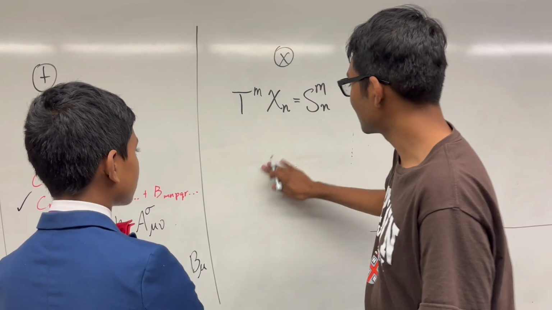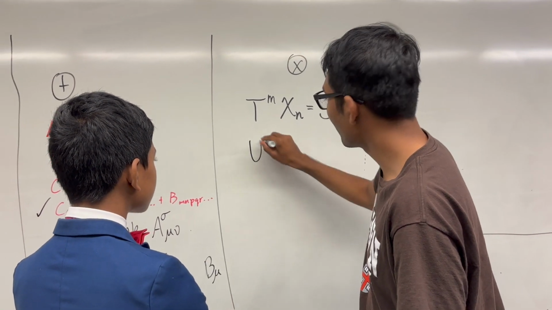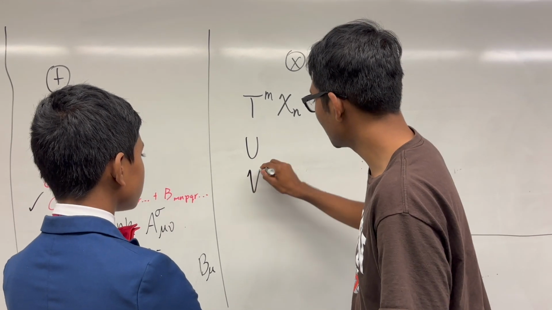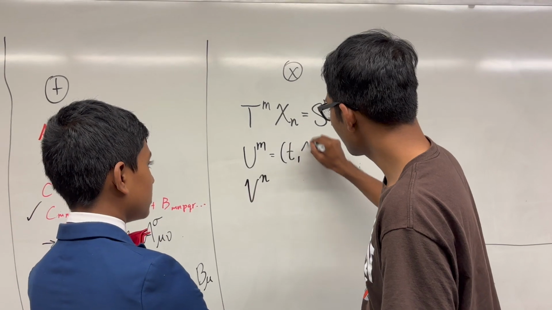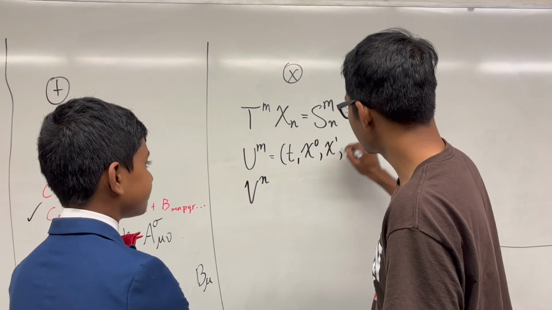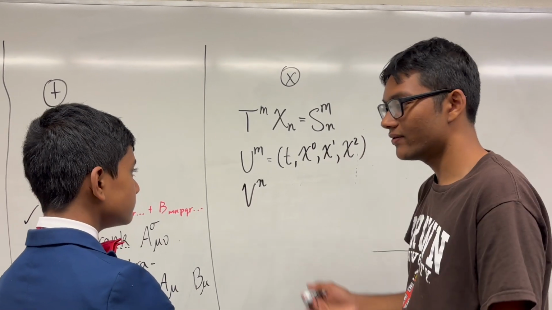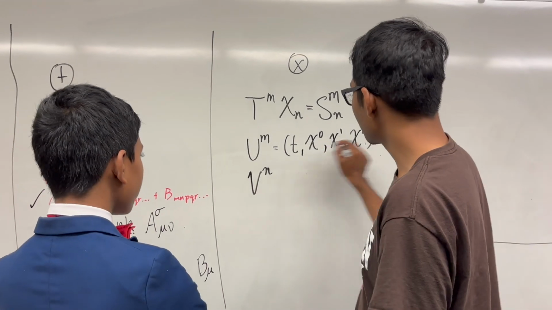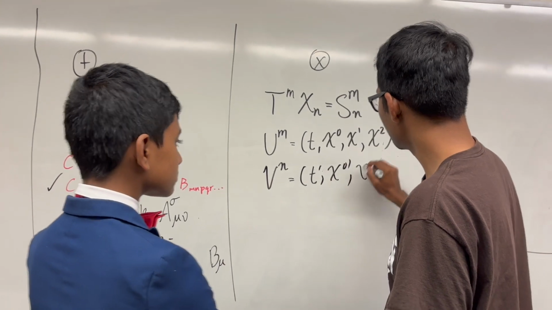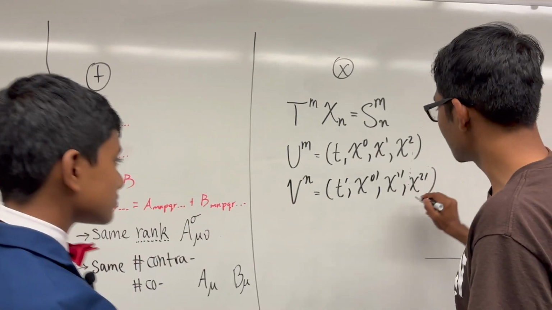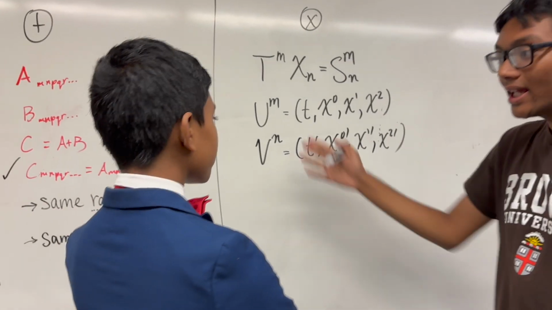So let's say you have 4 vectors. Are they just vectors with 4 components? Yes. Exactly like we have in real life, right? 1 time and 3 space components. So let's say you have 2 tensors like this. Both of these are rank 1 tensors.